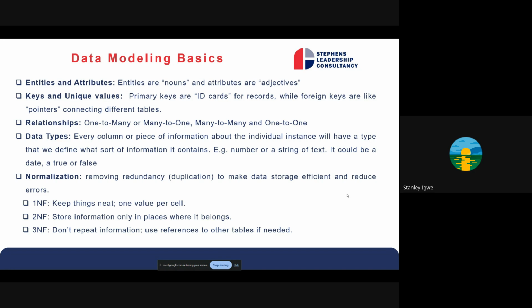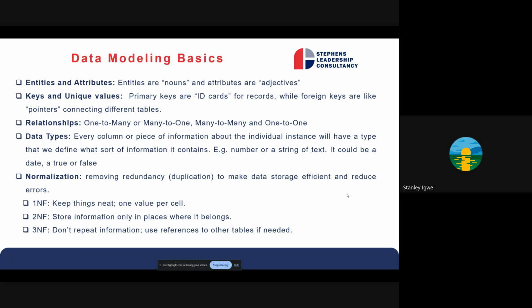Then you have your normalization. This is a brief explanation of first normal form, which tells you that you need to have one value per cell. So for instance, like the address, you need to break the address down and make sure that you're capturing one piece of information in one column and not merging them together.